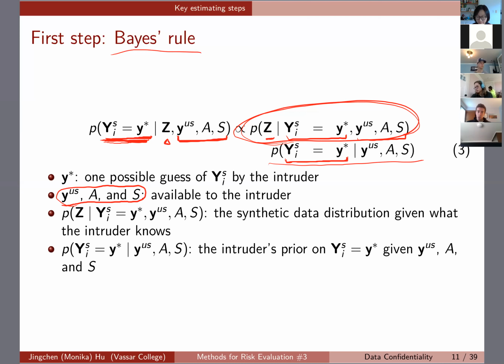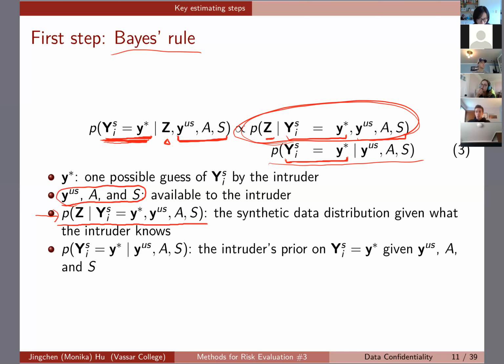This is, I would say, the most challenging thing to estimate, as you will see soon. But just looking at what it represents, it is the synthetic data distribution given what the intruder knows. Here I think we have to make very strong assumptions just to make the computation workable, and you will see soon what we need.